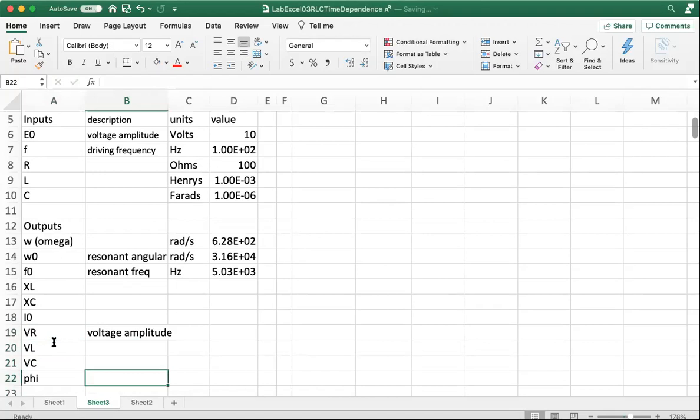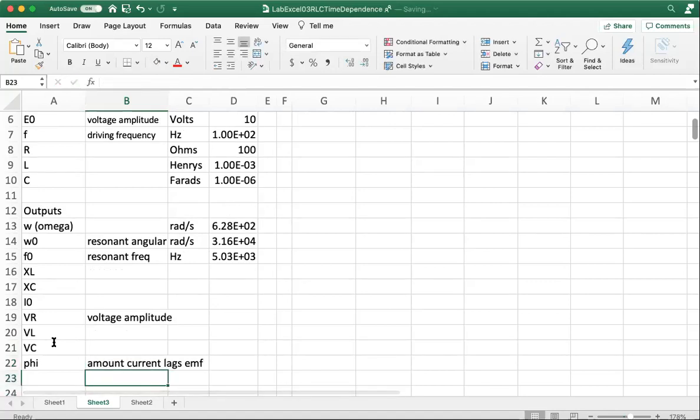This phi here is the amount the current lags the EMF. So if it's negative, then that means the EMF lags the current. But we'll do that in radians, not radians per second.